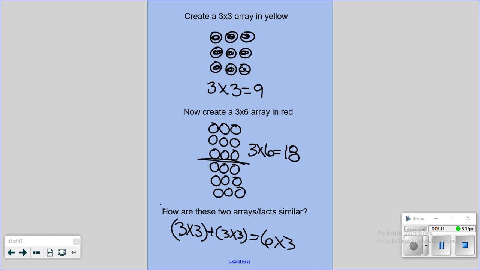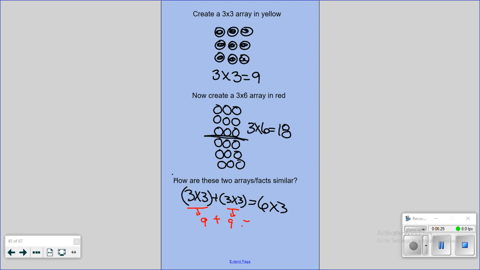Alright, if I turn these equations into actual numbers, 3 times 3, that is 9. Plus another 3 times 3, that also is 9. 9 plus 9 equals, what is 6 times 3, which is 18. Well, I'm writing, that means you're writing.